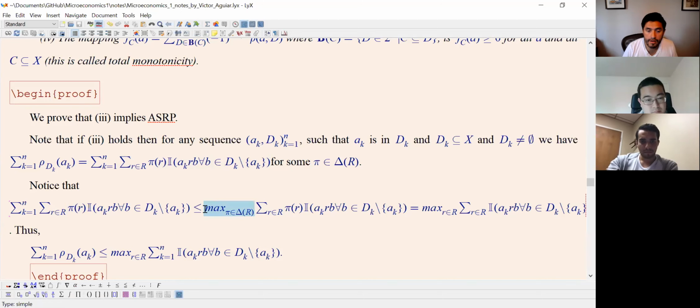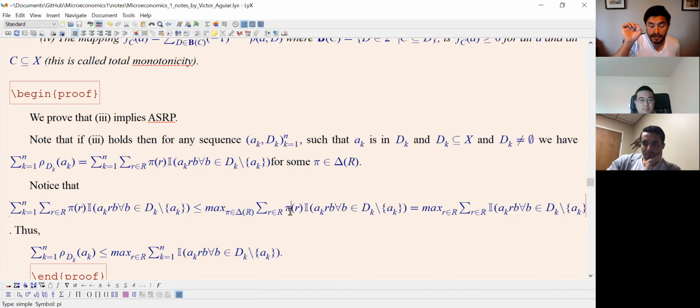So if you maximize something that is linear, then the maximum is going to happen at the extremes, right? We already had a description in the previous class with a drawing, right? So if you are maximizing a linear function, then you're going to end up with solutions in the extreme points. So that means that the maximum of this thing happens with probability mass 1 in one ranking, right?